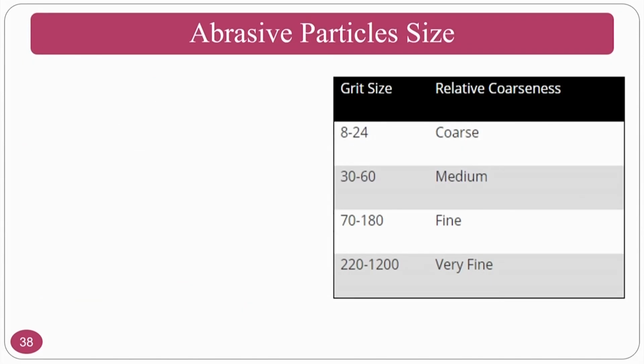As you can see, grit size 8 to 24 is considered coarse, that means very big abrasive particles. Then 30 to 60 is medium, 70 to 80 will be fine. At the same time 220 grit size to 1200 grit size will be very fine.